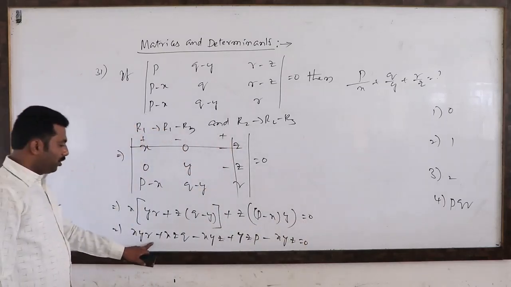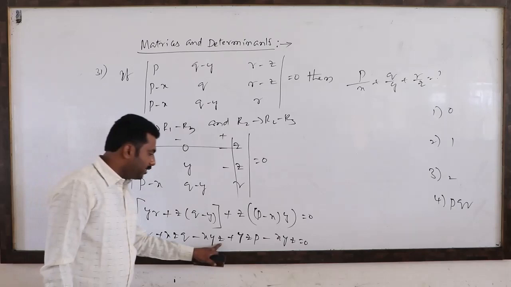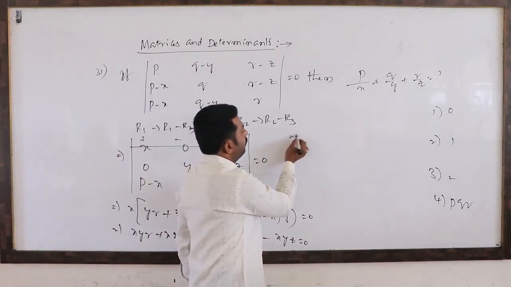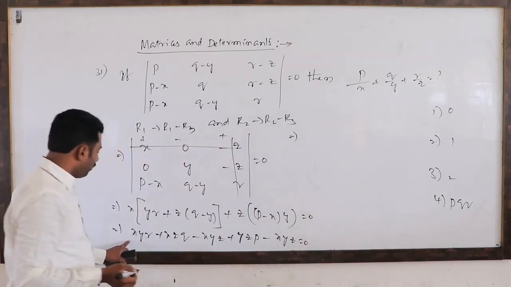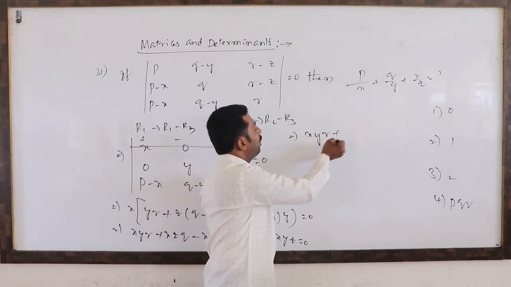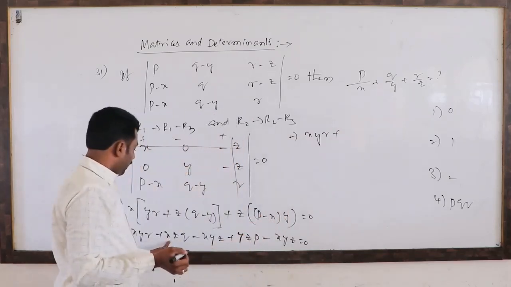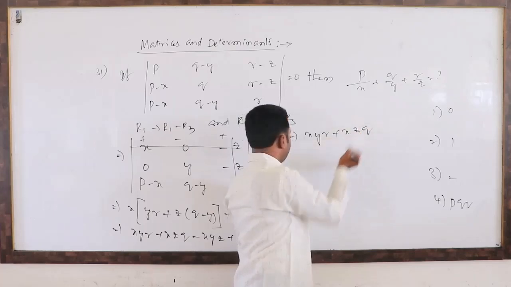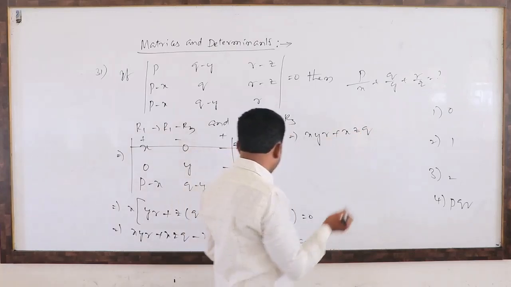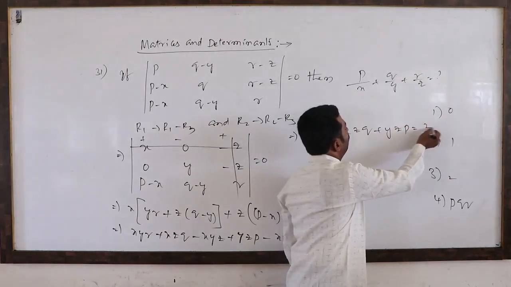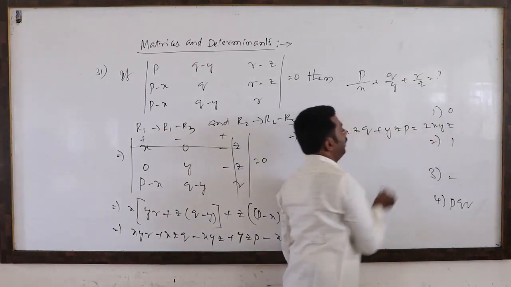Final step, you observe how many XYZ's are there, minus XYZ minus XYZ, if you send that to the other side, 2XYZ. So on the left side what is left: XYR, XZQ, YZP equal to 2XYZ.